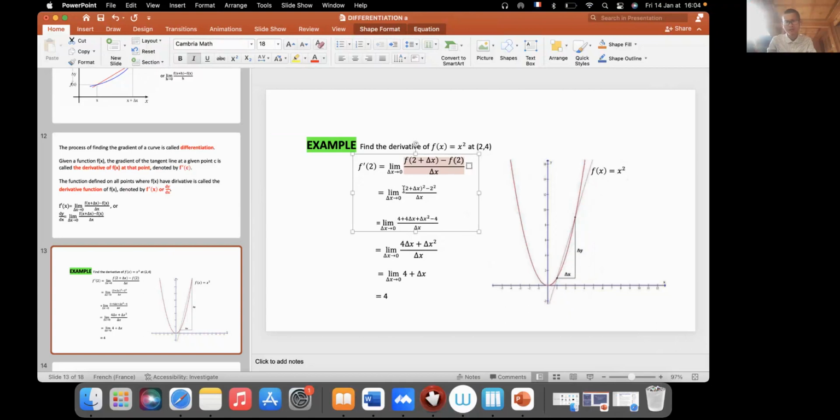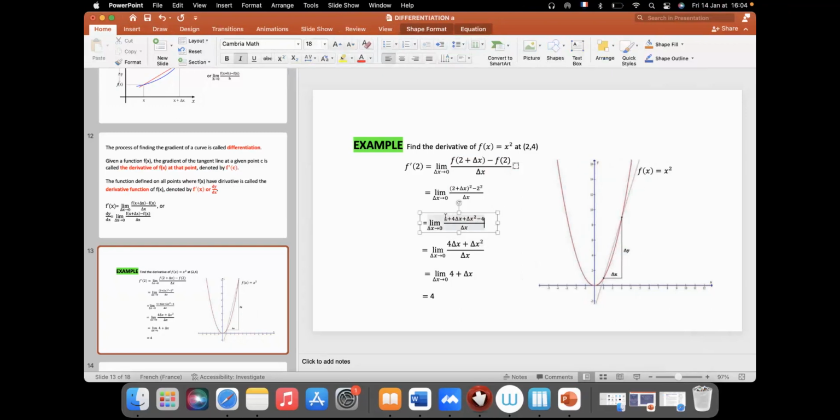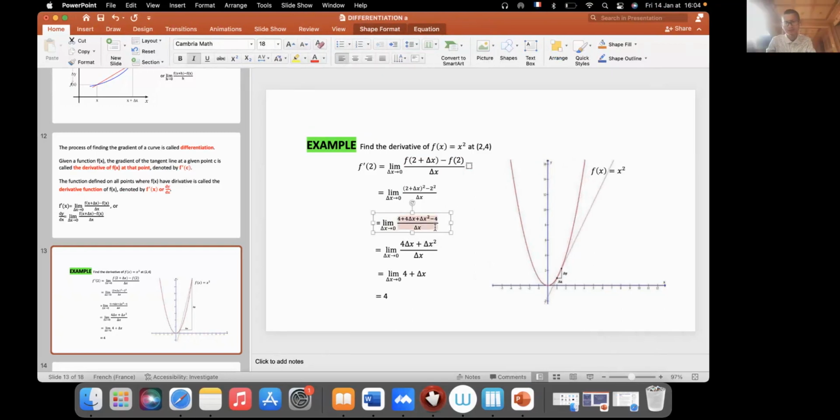And since it can be simplified, for example, we can expand the bracket. So it becomes like this. And then it can be further simplified because 4 and minus 4 cancel with each other, right?